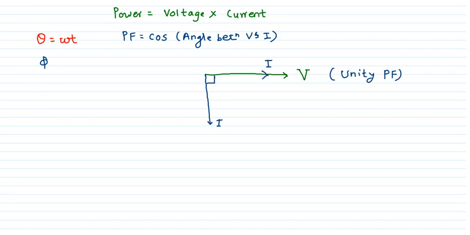So this is for purely inductive, and this is purely capacitive. Here also you are having current leading the voltage by 90 degree. So again power factor is 0, but circuit behavior will be like a capacitive circuit. Here the circuit behavior is like an inductive circuit.